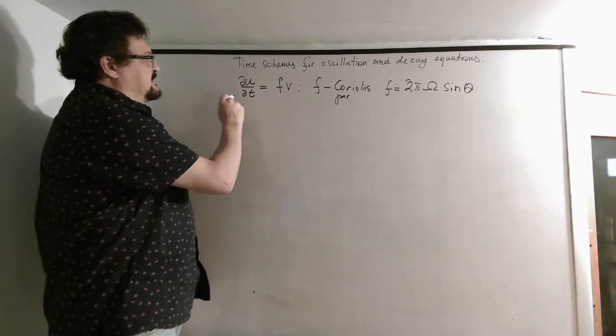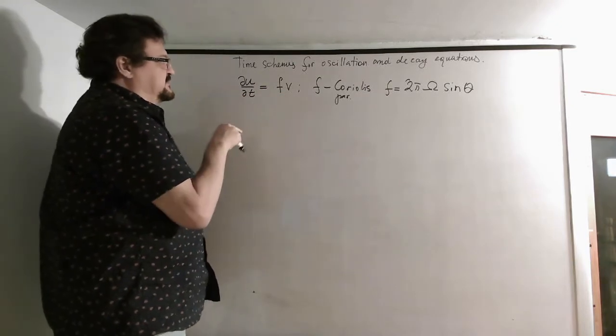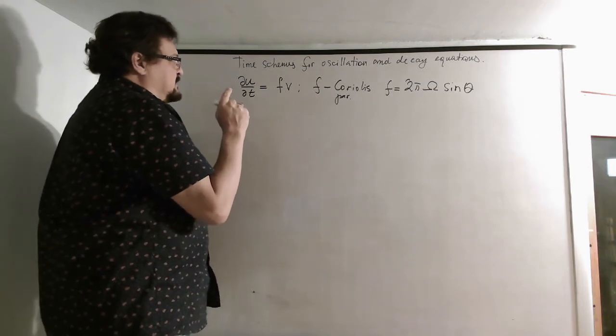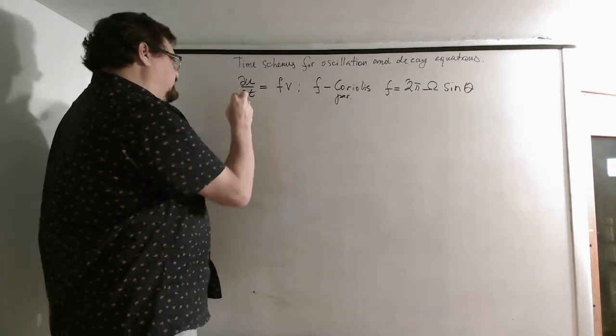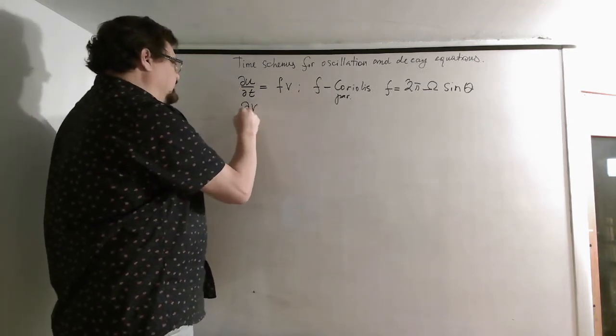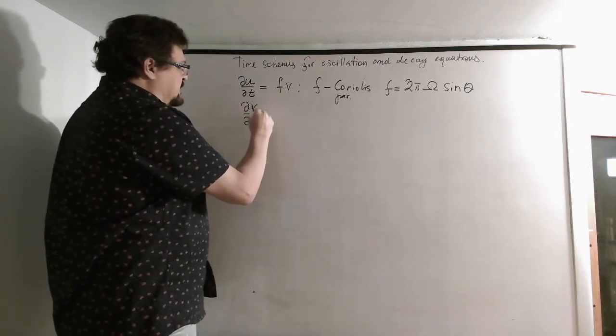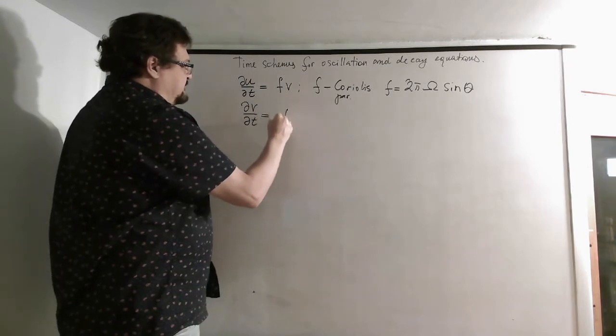So this is the equation for zonal velocity, and for meridional velocity you have dv/dt equals minus fu.